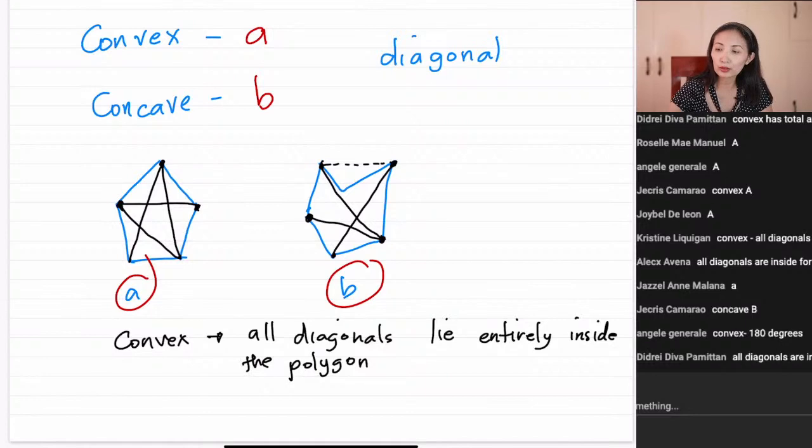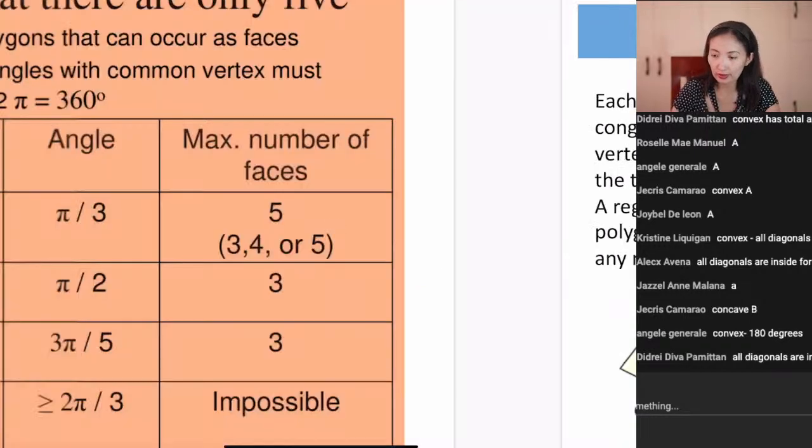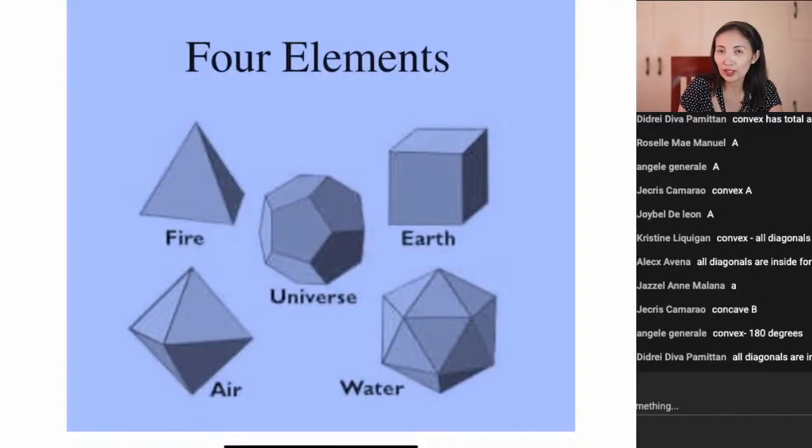So going back to our polyhedron, when we speak of a polyhedron, it is formed by simply enclosing a portion of a three-dimensional space with four or more plane polygons. Is there a polyhedron with three faces only?